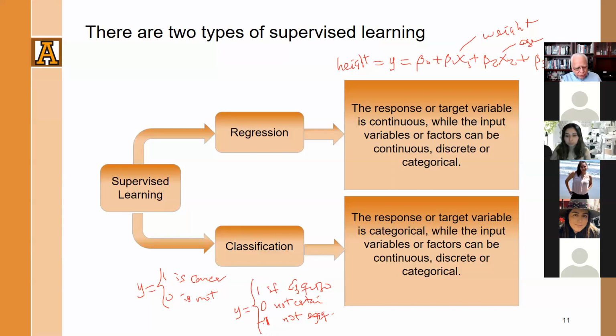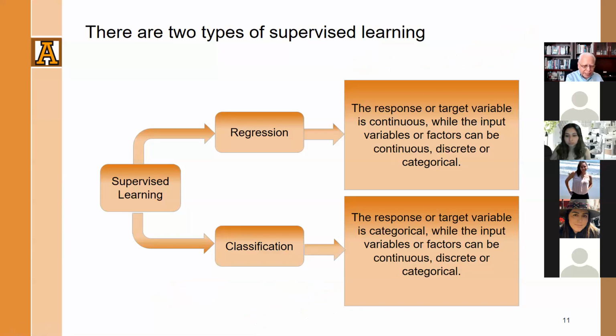Just to keep the notation simple, we will focus more on the case where you have a binary response, whether it's cancer or not, fraud or not, money laundering or not. So that's supervised learning, and we'll be focusing on the categorical response, on classification.